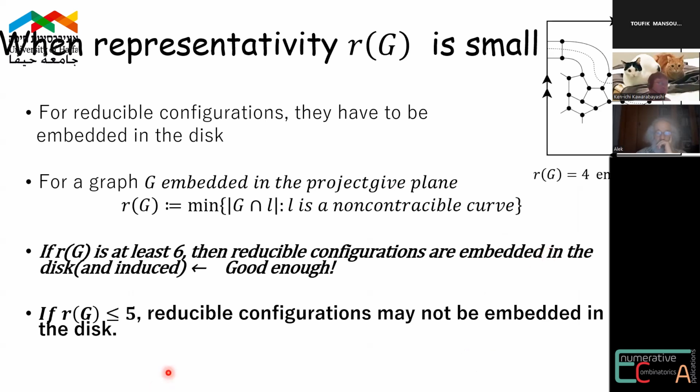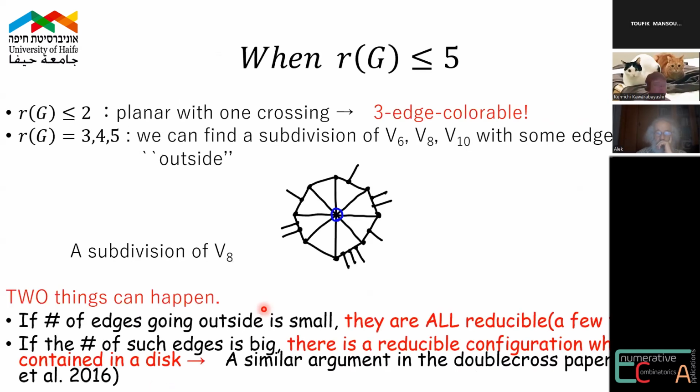But if this is small, then we can do something else. If representativity is small, then we get something like this kind of subdivision. And it turns out this kind of subdivision is reducible. That's what we do. There are actually a few thousand of them. We check all of them are reducible, luckily. And that's very similar to the argument in the double cross paper by Edwards, Seymour, and Robin Thomas.